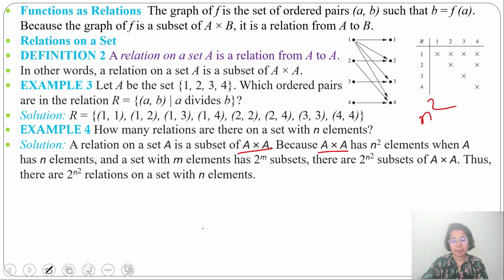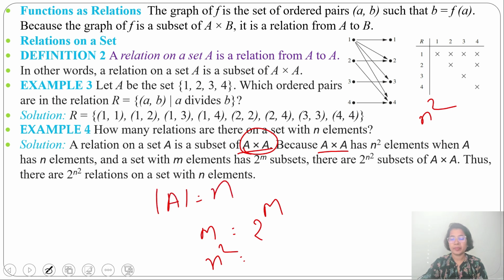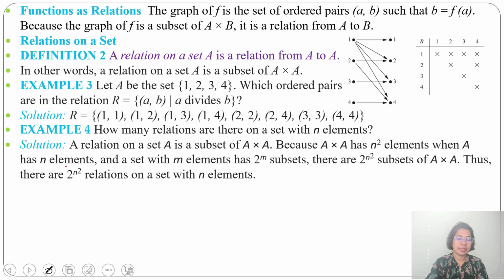And if we have m elements, the number of subsets possible is 2 power m. Here we have n square elements, so the number of subsets possible equals 2 power n square. So the number of relations possible equals 2 power n square if A cardinality equals n.